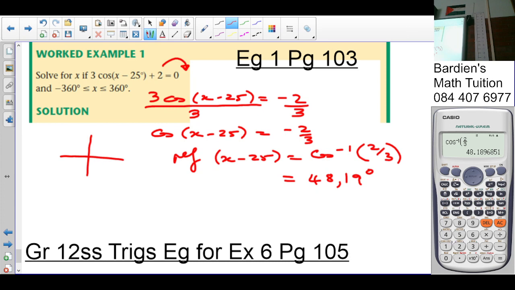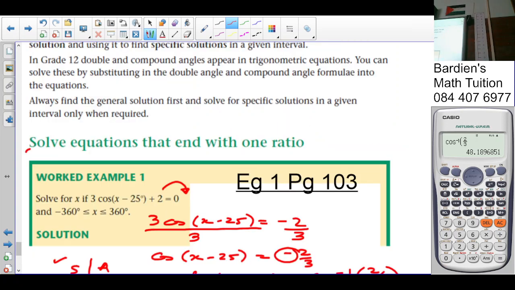Okay. So what question comes to mind, people? In which quadrant is cos negative? So it's all stations to Clement. Cos is negative in quadrant 2 and 3. So let's look at quadrant 2. How do we get in quadrant 2? It's going to be 180 minus.